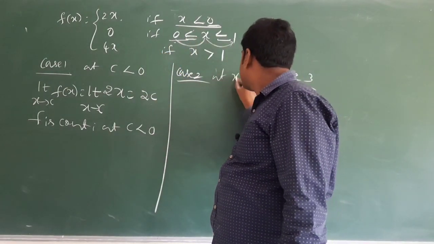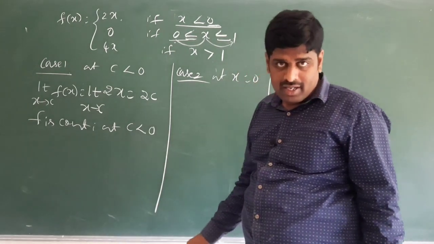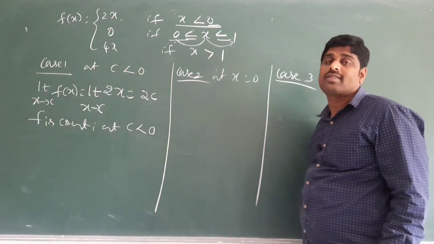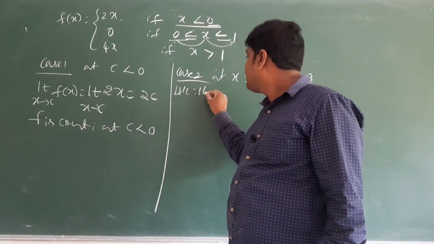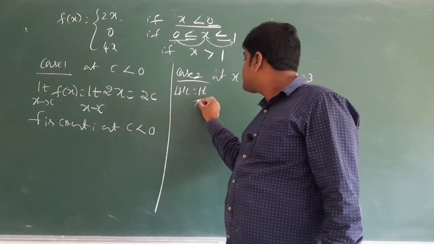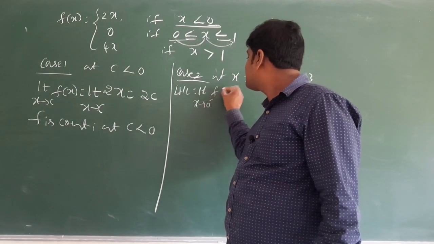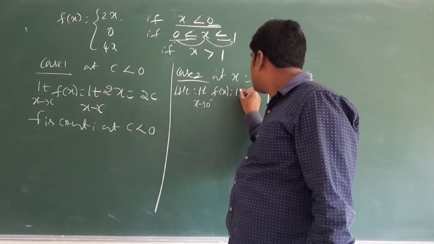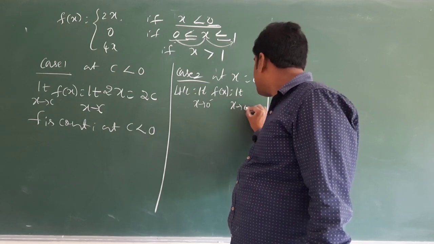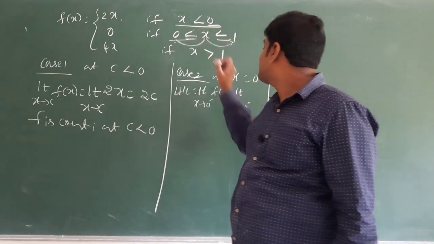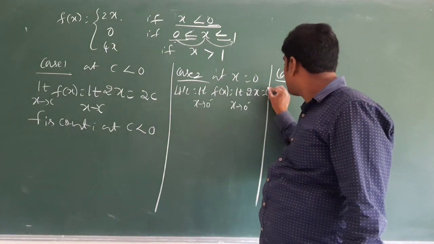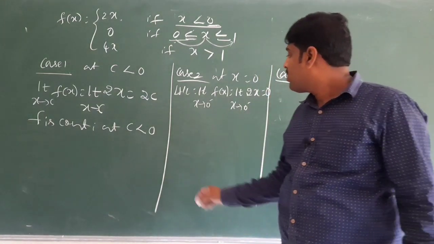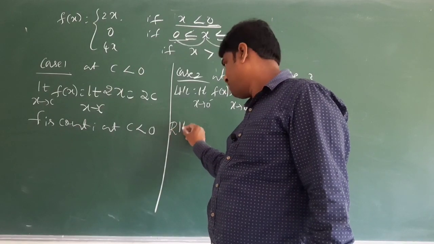Therefore, at x is equal to 0, or at c is equal to 0, both are same. LHL equals limit x tends to 0 minus f of x. What is f of x? 2x. Therefore, substitute the limit, you will get what? 0. Now come to RHL.